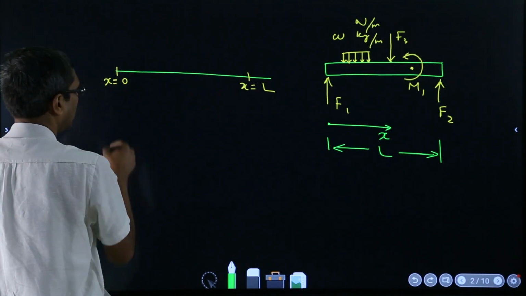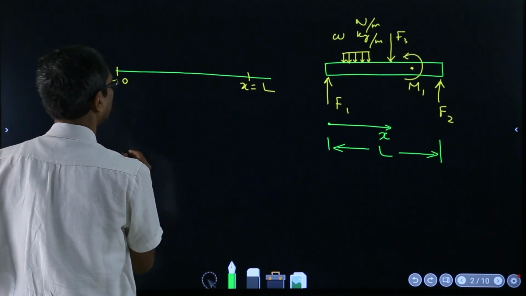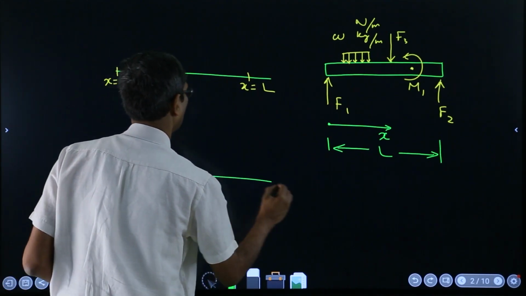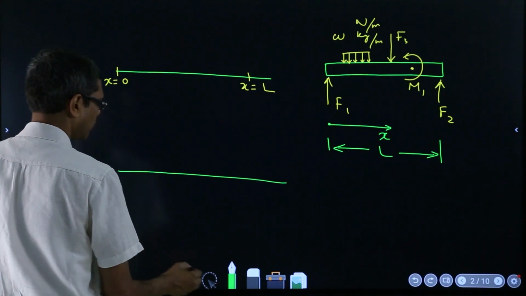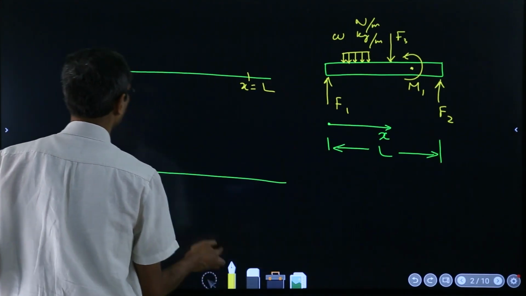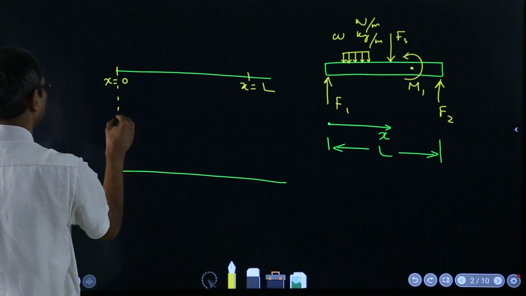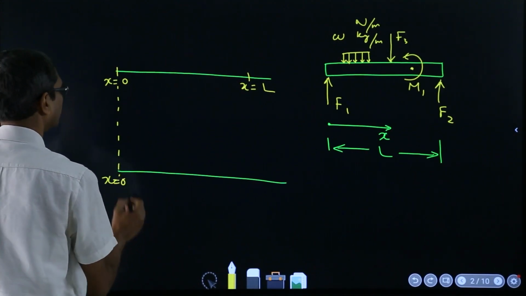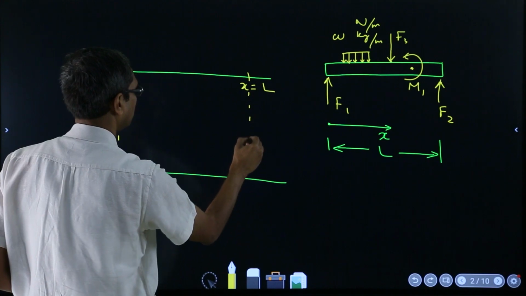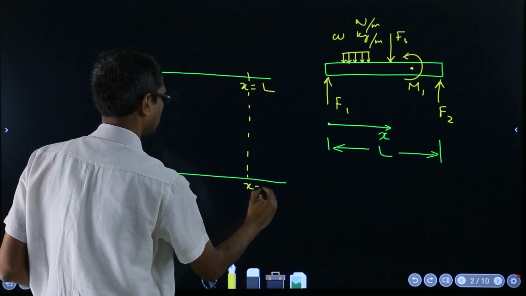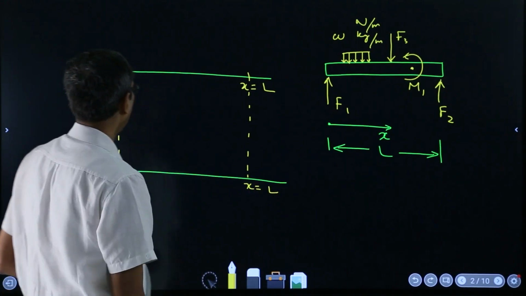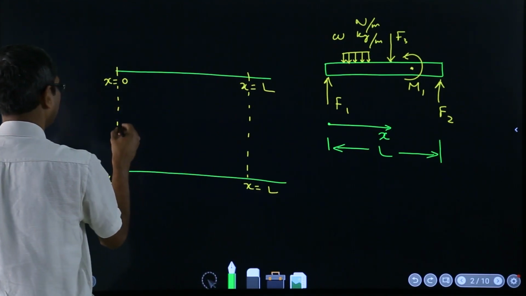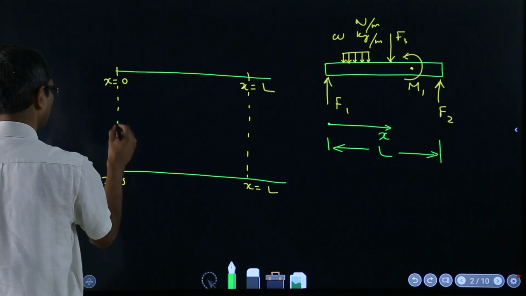Now if I draw the beam again here, this is the x-axis for drawing the bending moment. Here again, this is my x equal to 0 and here is my x equal to L. This part is my drawing for bending moment.